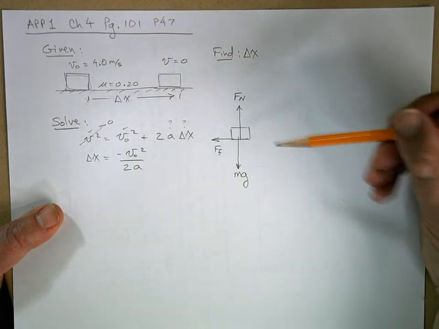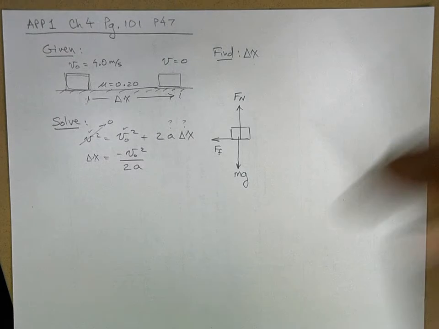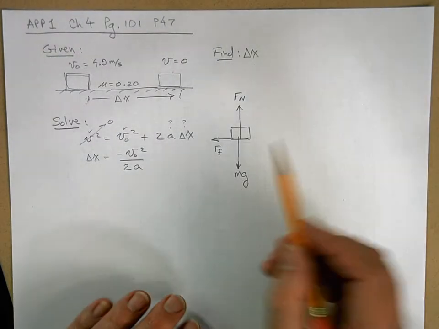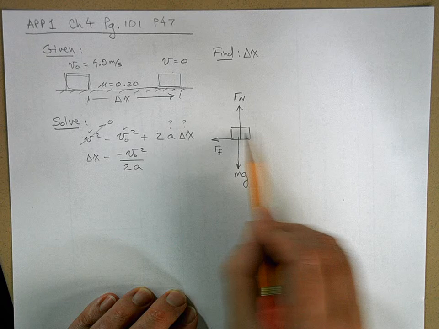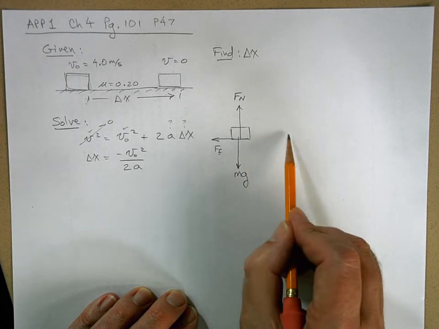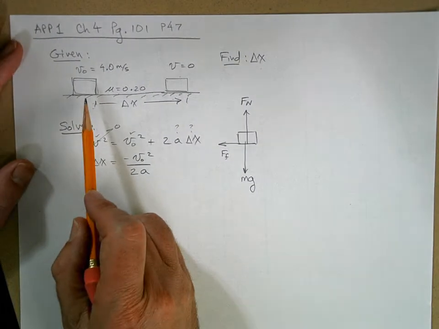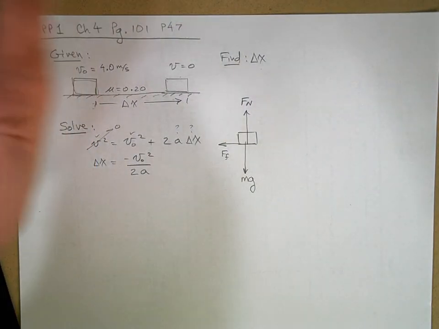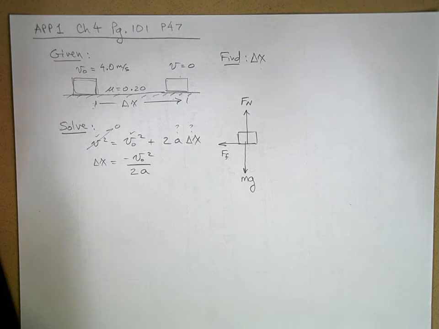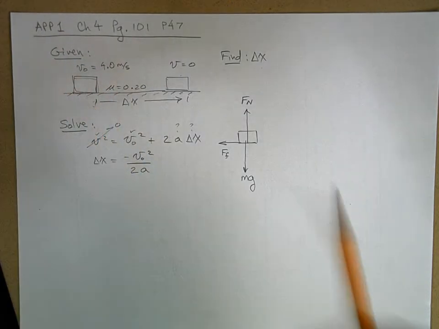Now here's a place in this problem where students will make a mistake. Students think that there must be a force pushing it to the right, but you've already pushed it to the right. Somebody took this crate and pushed on it and gave it this initial velocity, and then they let it go.